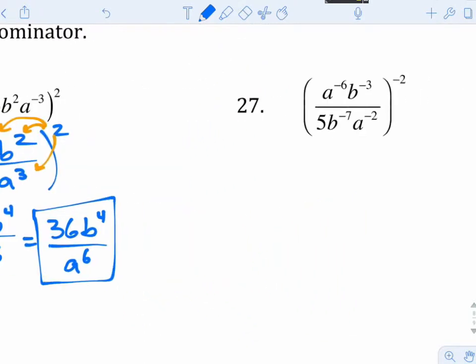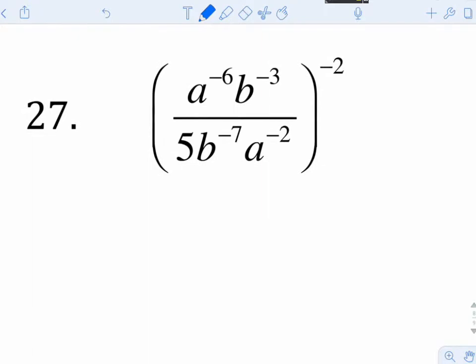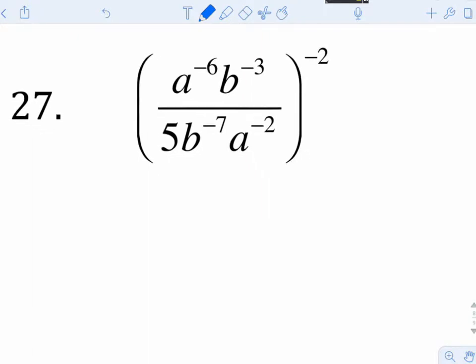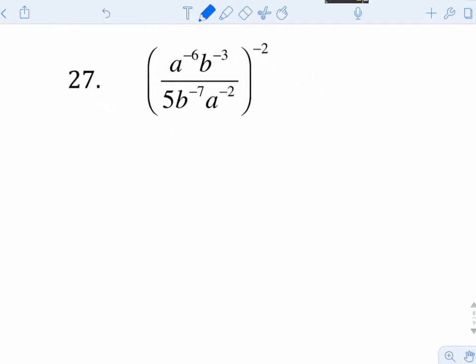All right, in our next example, we got negative exponents galore. So what I suggest is start by simplifying what we've got inside of the parentheses. The way I like to do it is I know that if there's just multiplication going on in the numerator and denominator of our fraction, then anywhere I see a negative exponent, I can take this whole component, put it in the other part, so numerator to denominator, or denominator to numerator, and I can make that exponent positive.